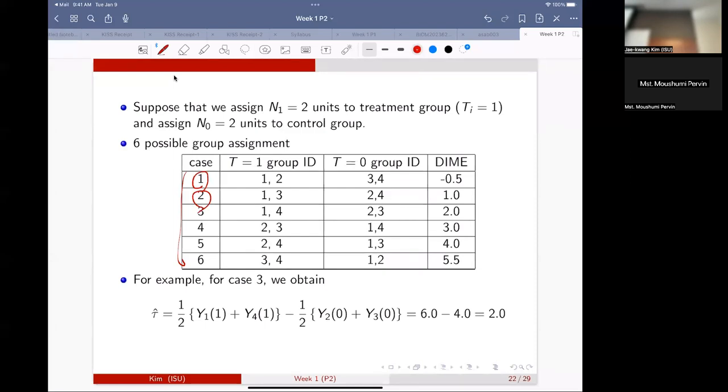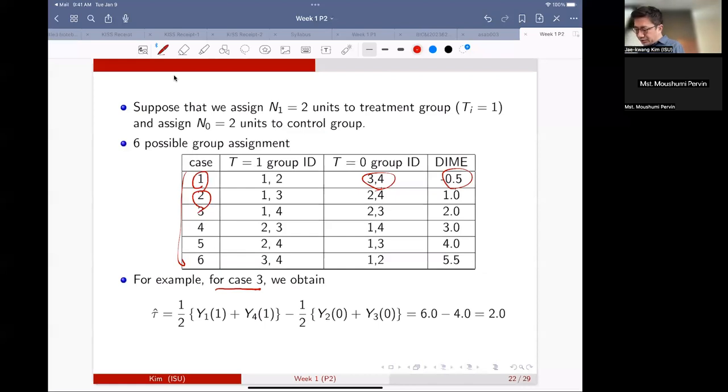For example, in case 1, elements 1 and 2 get the treatment, and elements 3 and 4 get the control. We don't know their probability distribution yet, because we don't have any probability at this point, but we can still use the formula to compute the estimators.